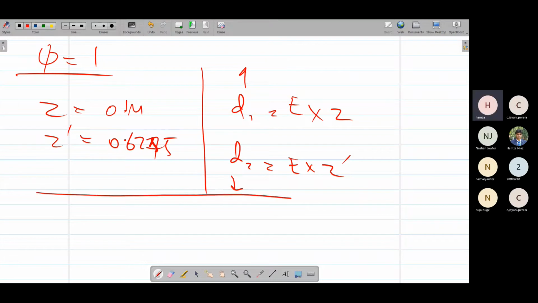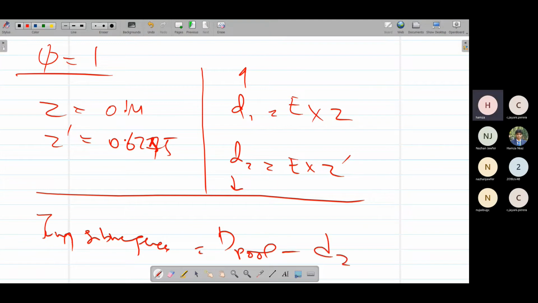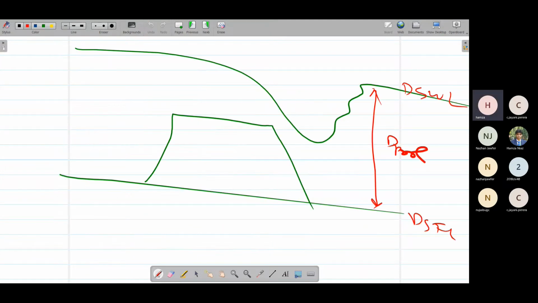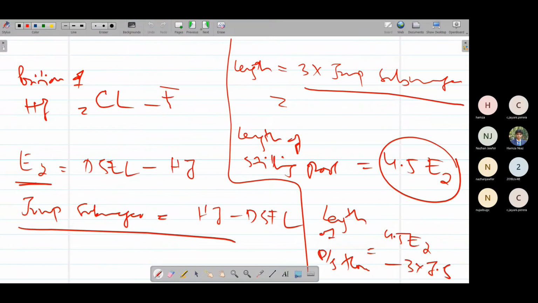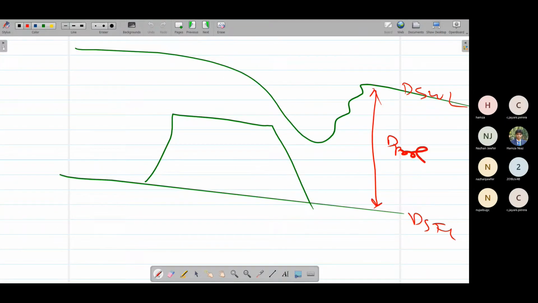After calculating this, we have to check the jump submergence. Jump submergence is depth of pool minus D2. If our depth of pool is greater than D2, then that's fine.